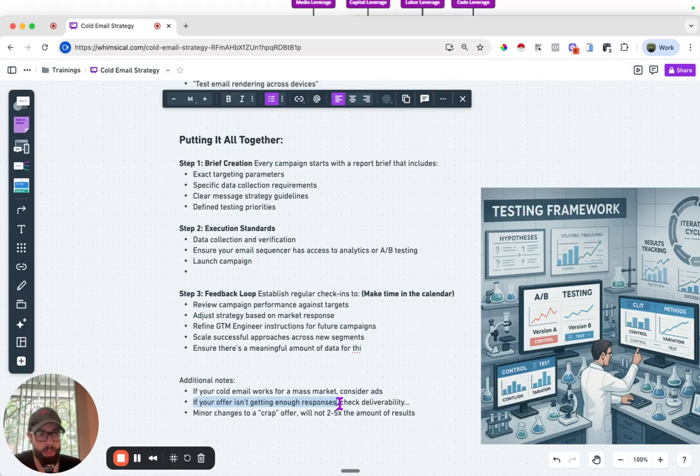And last thing for the day is that if your offer is garbage, no amount of small variations will be able to 2 to 5x the amount of results you get. Sometimes it's better to start from scratch with a completely different offer and then test that instead of making minor changes. So that's the video for today on how you can go about your cold email strategy.